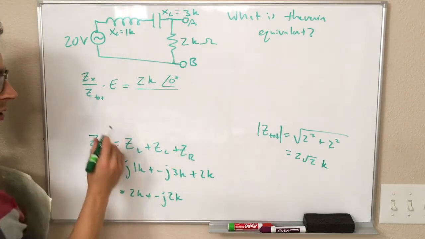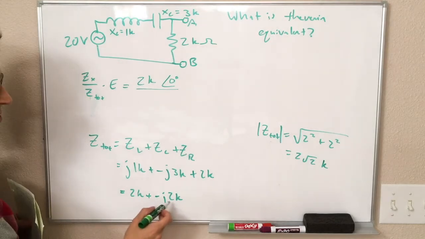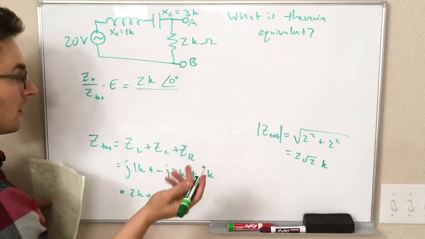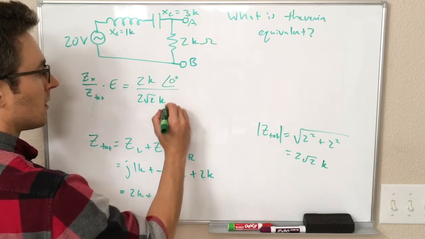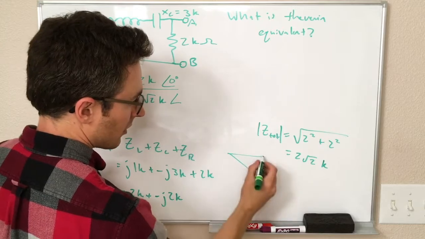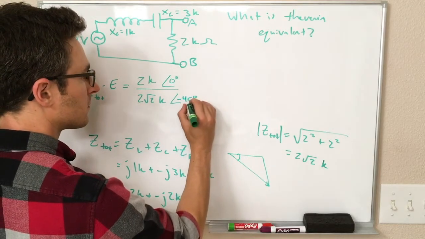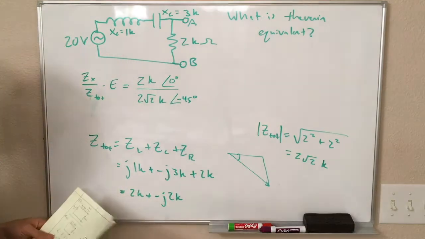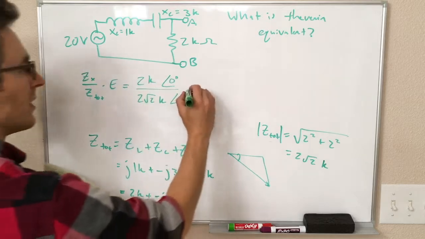Divided by Z total, which we just got as 2 minus J 2K, but we want it in polar coordinates, so this is 2 root 2 K at an angle of minus 45 degrees. Okay, and then multiplied by 20, sorry.